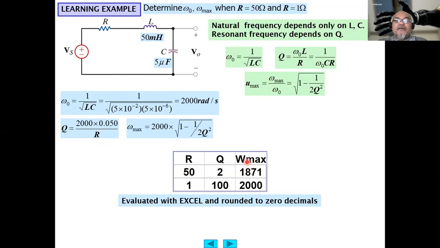The resonant frequency where V out is the highest: when resistance is 50 ohm, the omega max is 1871 radian per second. When the resistor is 1 ohm, the omega max is 2000 radian per second.